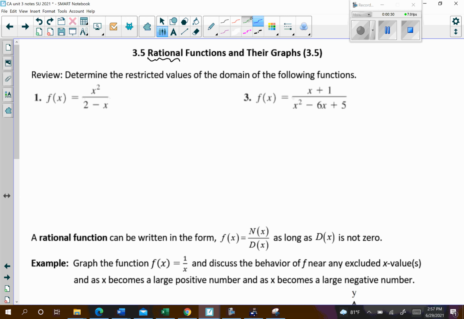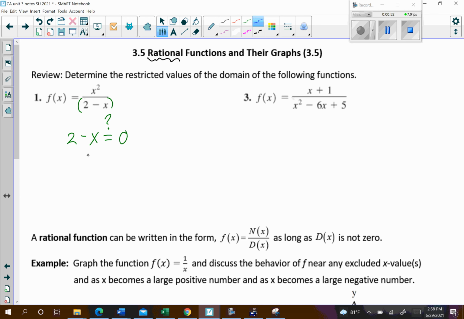If you remember, restricted values are, you don't want to square root negative numbers, but we also do not want to divide by 0. So all you have to do is take the denominator and ask yourself, what would make that equal 0? Because whatever does that, I don't want to include that value.